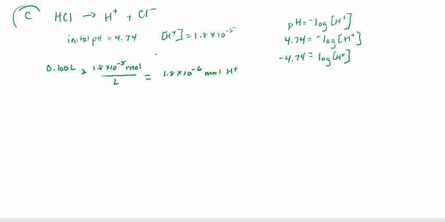What we have here when we compare these two amounts is we're going to have an excess of hydroxide ion. So what I'm doing is I'm taking this value, which is 1 times 10 to the negative 4, and I'm going to subtract this value.